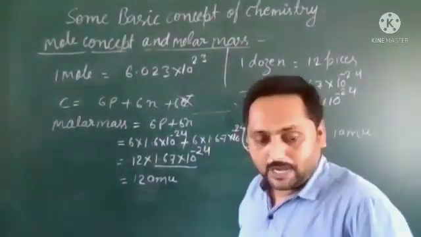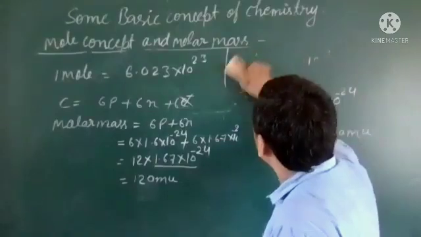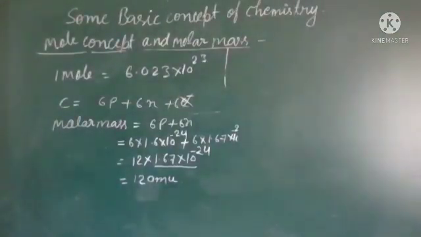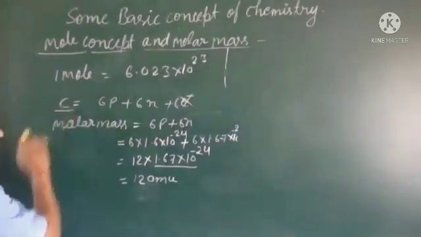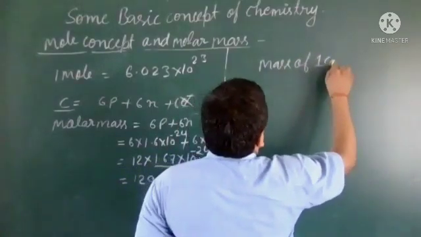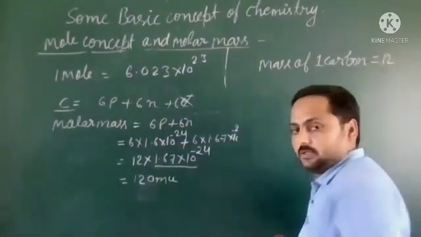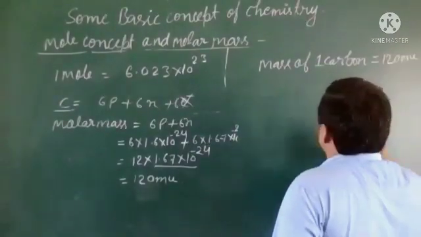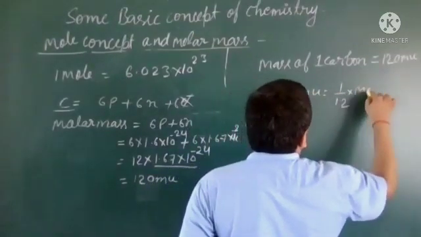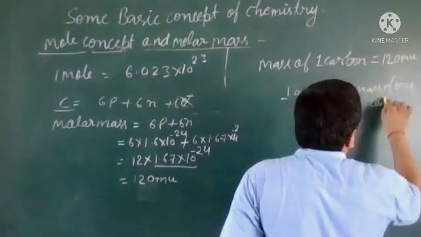Understood this? So the mass of one carbon atom is equal to 12 AMU. 1 AMU equals 1/12 of the mass of one carbon atom.